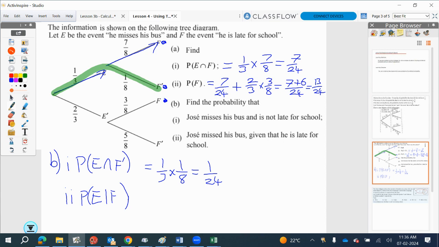What is the formula for conditional probability? Find it on the formula sheet. What makes this one tricky is that we want E given F, but we know that these parts of the tree diagram have been removed, so the tree diagram has been made smaller.